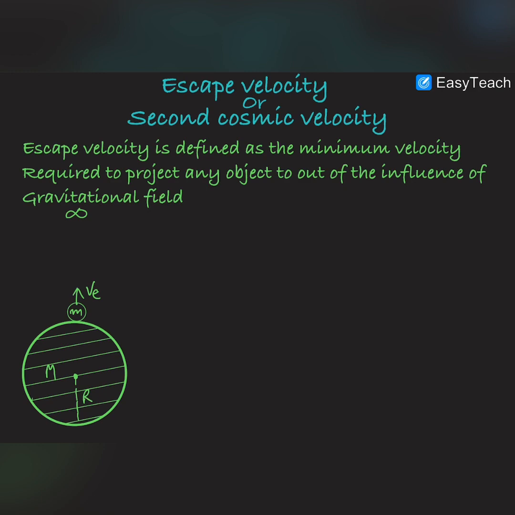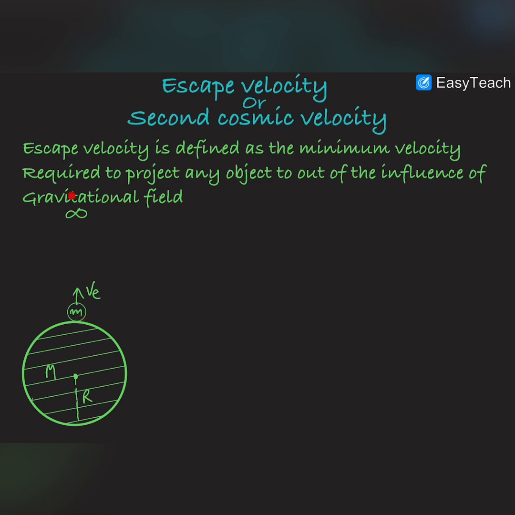Now, escape velocity is defined as the minimum velocity required to project any particle out of the influence of the gravitational field of the planet or object. So let us suppose that this is a planet, Earth, and we have to project this particle in such a way that it escapes to infinity.